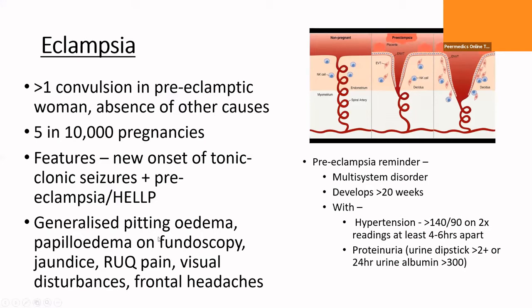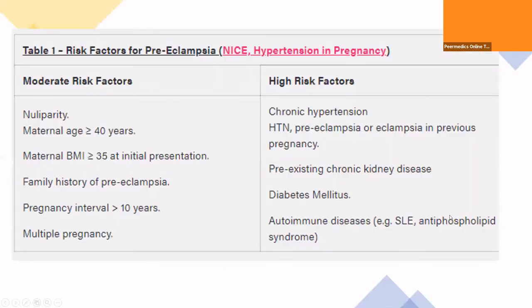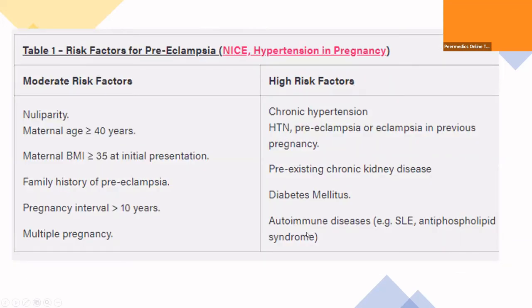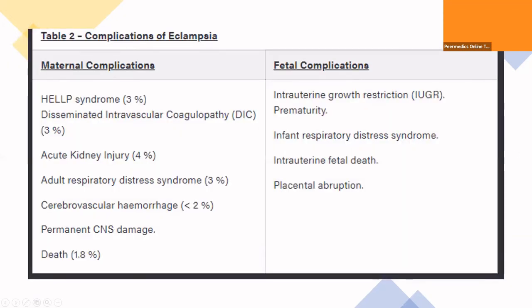Risk factors we touched on just then for preeclampsia. You can look at this again if you want a little more time, but it's things like family history, long intervals between pregnancies, multiple pregnancy, other underlying hypertension and conditions that might affect your circulation. Complications of eclampsia are the reasons why we worry about it so much.